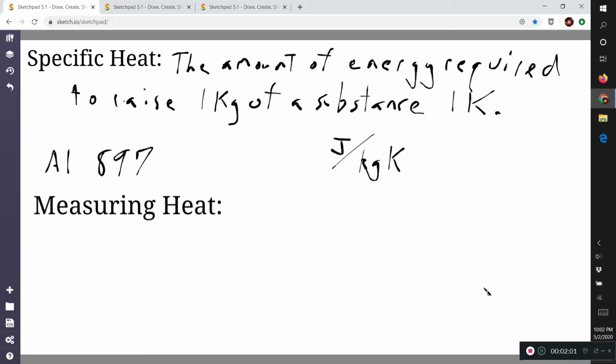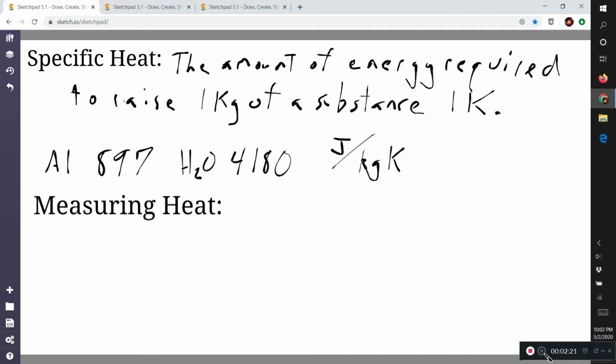Water, on the other hand, has a specific heat of 4,180 joules per kilogram Kelvin. Now, water, we're talking about liquid water there.